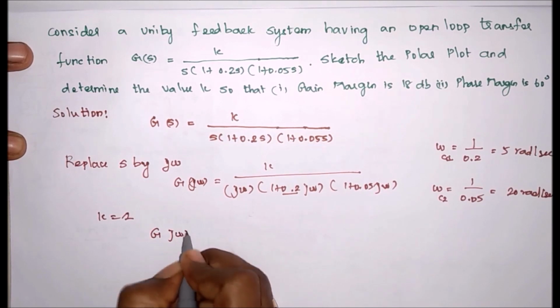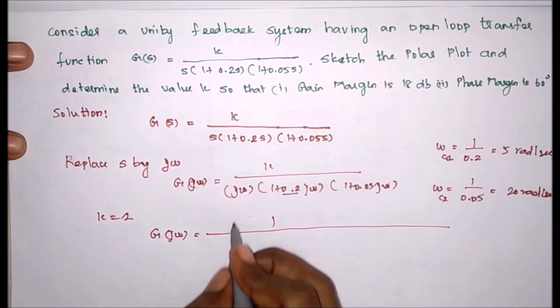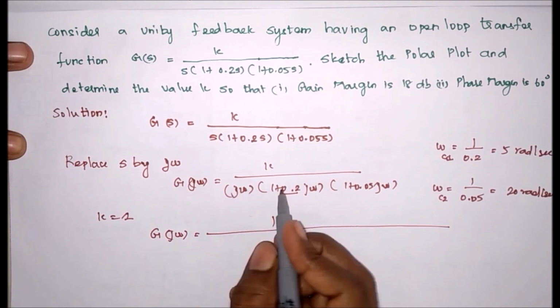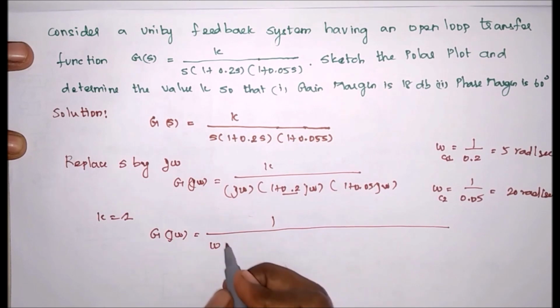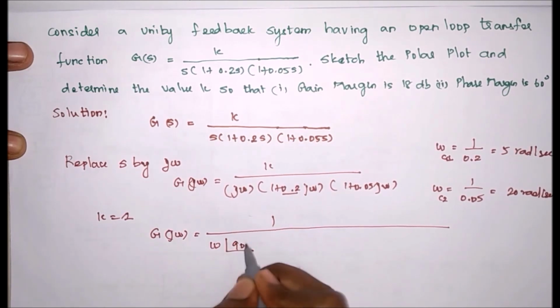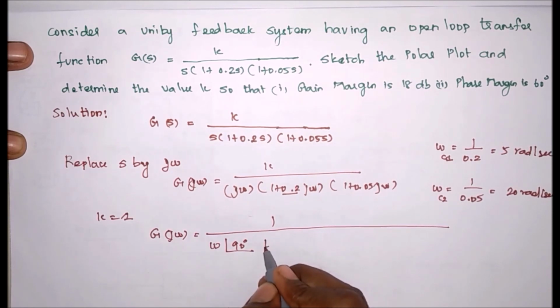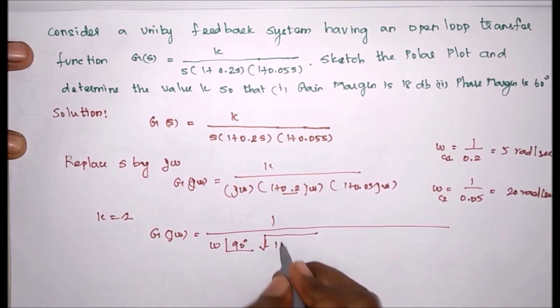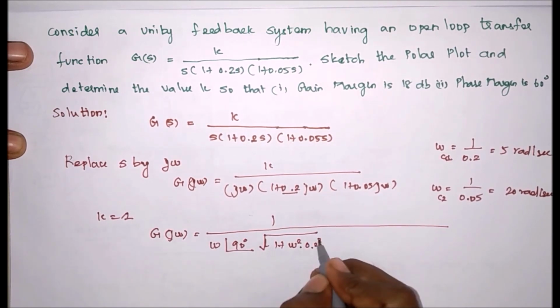So G(j omega) equal to, now I am going to find the angle and magnitude for all the terms separately. For this term, magnitude is omega, because square root of omega square. Angle equal to plus 90 degree because j omega alone. Next, magnitude of the second term is square root of 1 square plus omega square into 0.2 square.